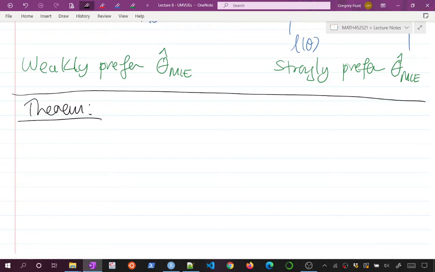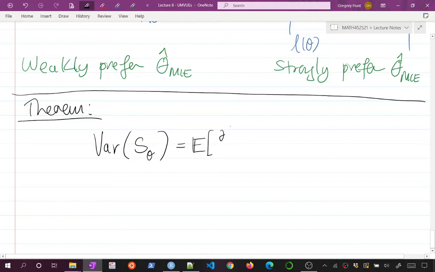What we're going to say is that if I look at the variance of my score, the variance of my score is going to be the same thing as the expected value of the square of the score, which is the same thing as the negative of what I'm going to call, I'm going to write it like this, right?